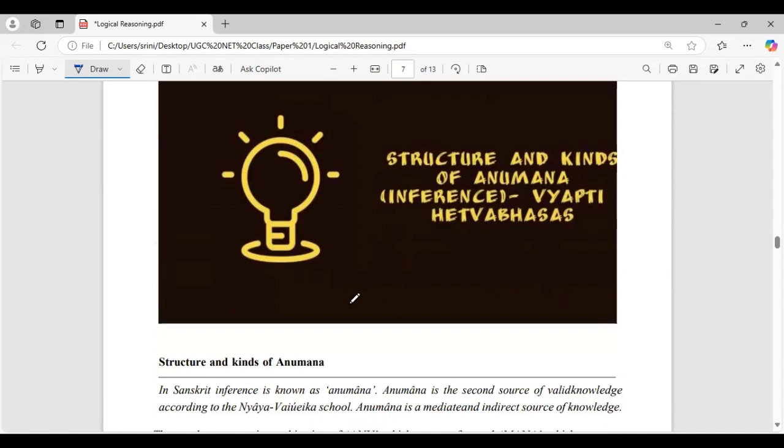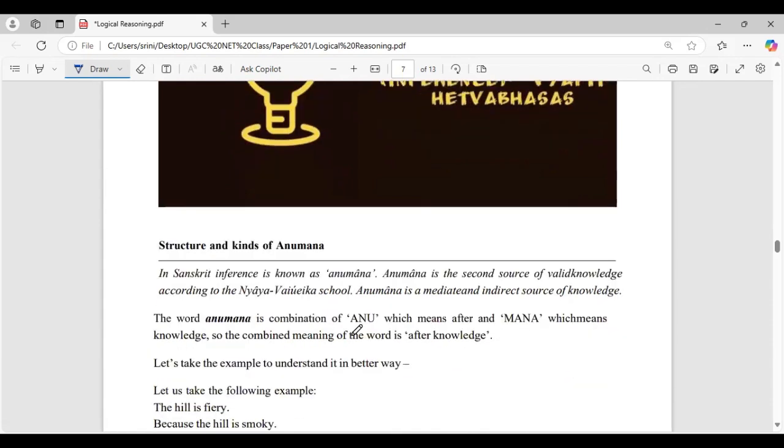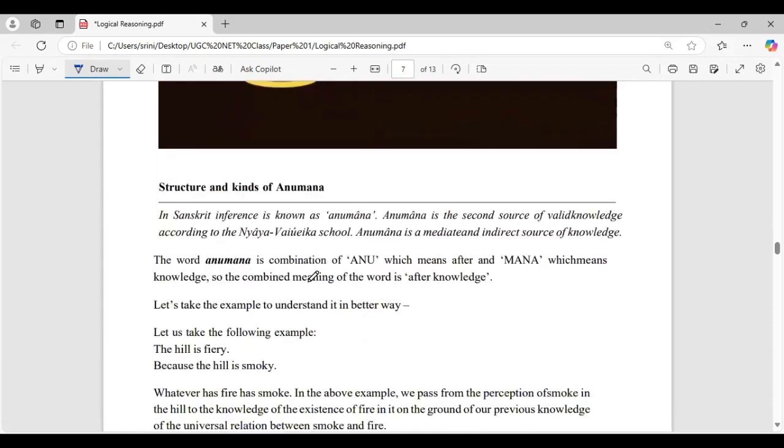Structure and kinds of Anumana, that is inference, Vyapti, Hetvabhasas. In Sanskrit, inference is known as Anumana. Anumana is the second source of valid knowledge according to the Nyaya Vaisheshika school.